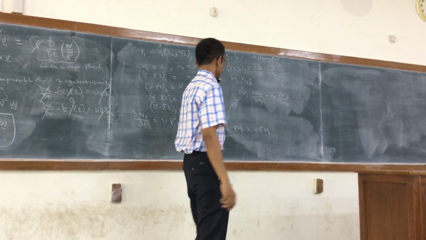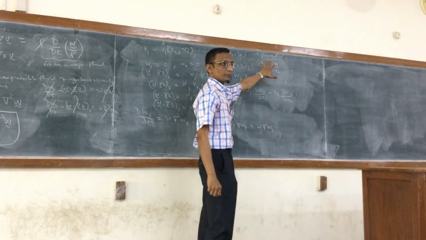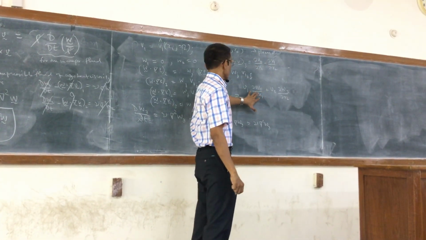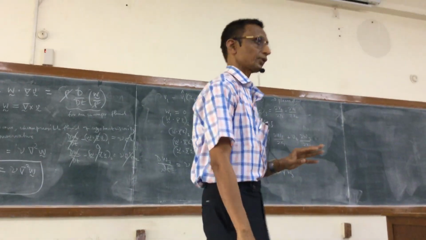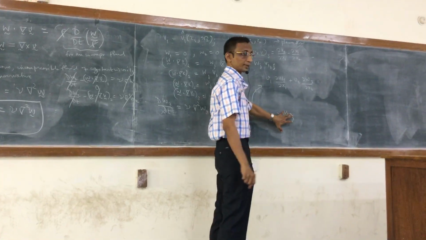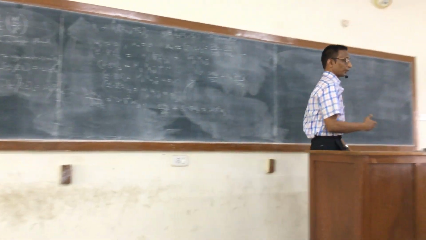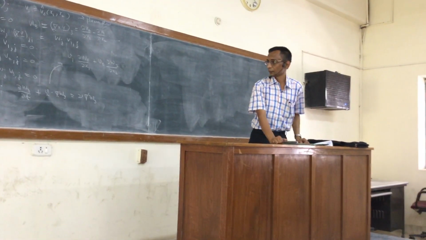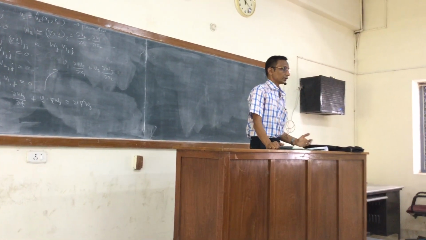And since W3 is a function of x1 and x2 in general, this is not zero. And clearly this is also not zero. This is a Laplacian of some quantity that depends on x1 and x2. So I have to very much consider all three terms.